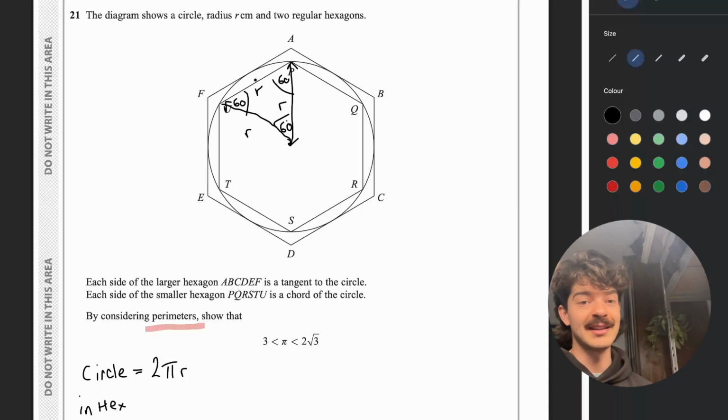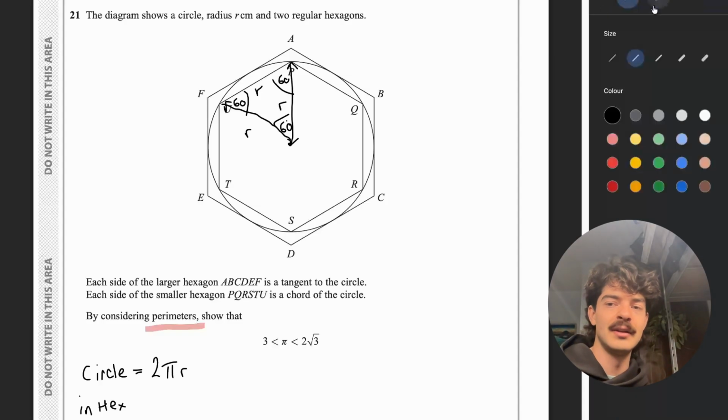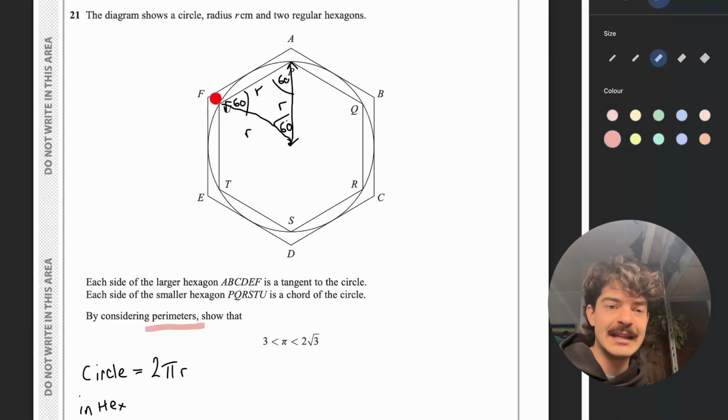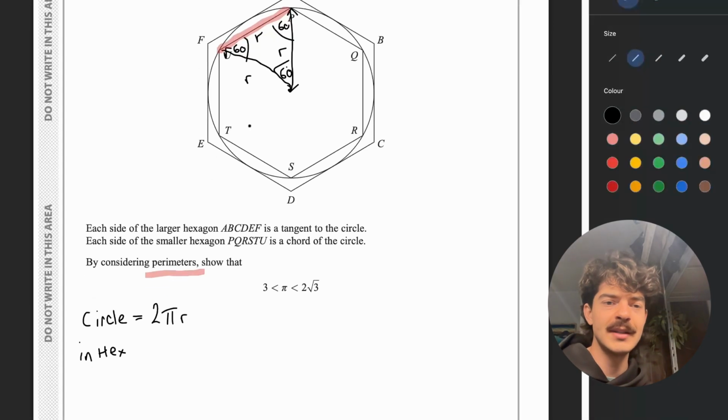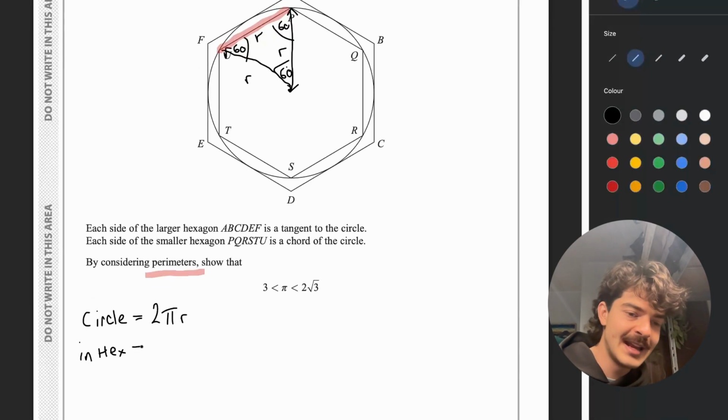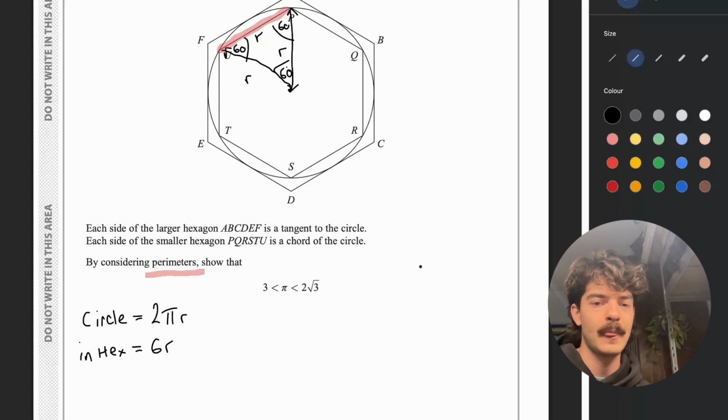Each of the angles is the same, therefore each of the lengths must be the same. That's the fact about equilateral triangles. So wonderfully here, this value has just fallen out. This value to one side over here is, in fact, r. We've got 6 of them, right, to get all the way around. So therefore, the inner hexagon has a total perimeter of 6r.